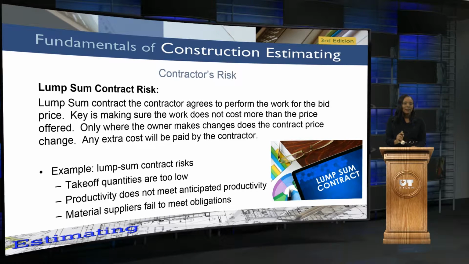Just some examples of lump sum contract risk. One is the takeoff quantities are too low. And this is why it's very important from the very beginning stage. You need to make sure that you do a really good quantity takeoff from the beginning. It's something that's not rushed through. You've thought about it.